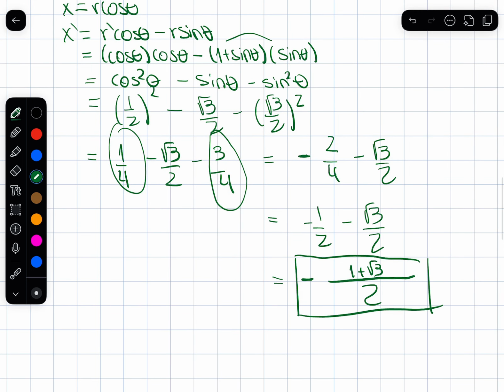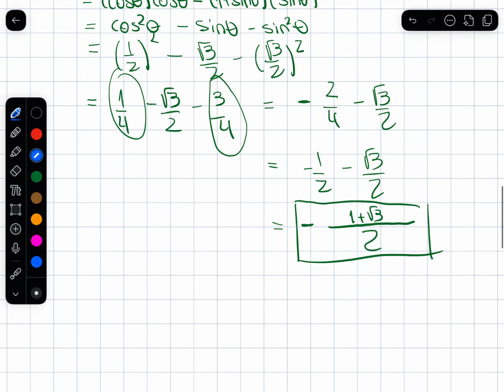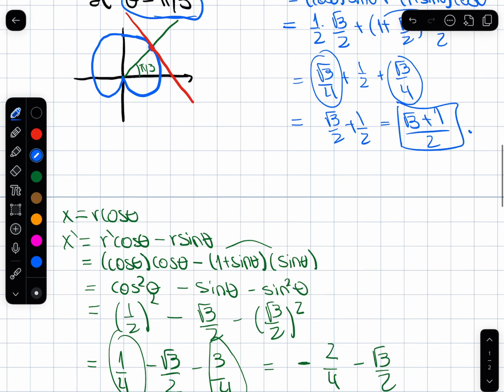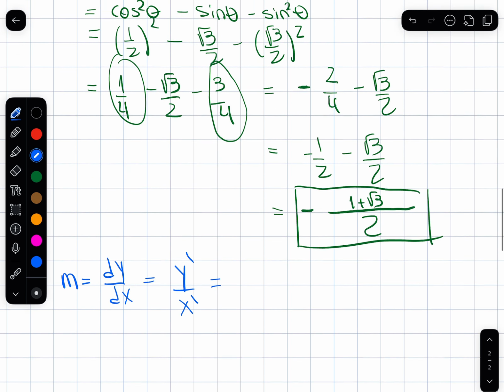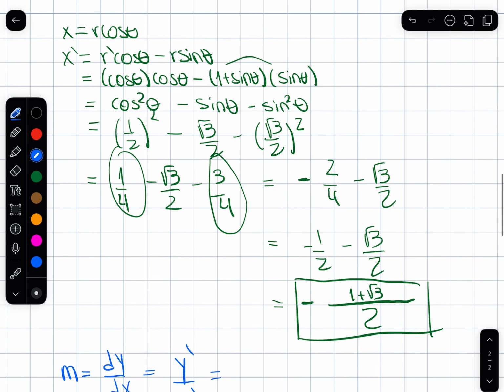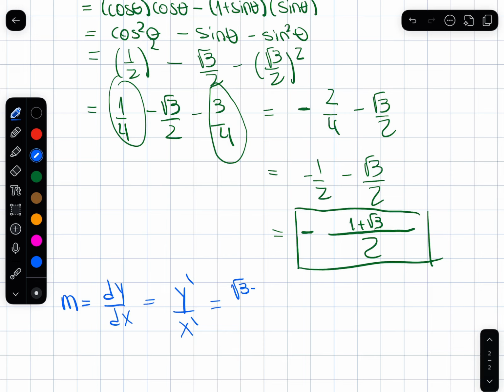So then to finish it up, I wanted the slope of the tangent line, and that was dy dx, and that was y prime divided by x prime. So x prime, y prime was this, root 3 plus 1 over 2, all of that divided by negative 1 plus root 3 over 2.